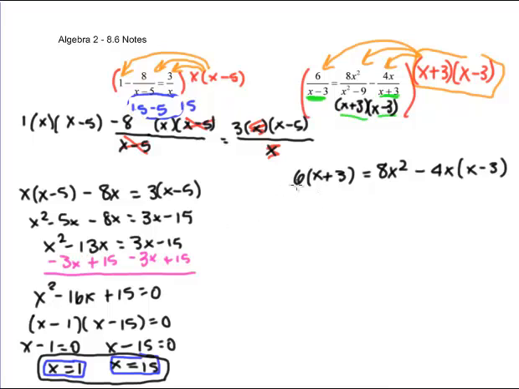Now, clean up all your parentheses, get all the like terms together on one side, 0 on the other. And this should be a 4x right here.